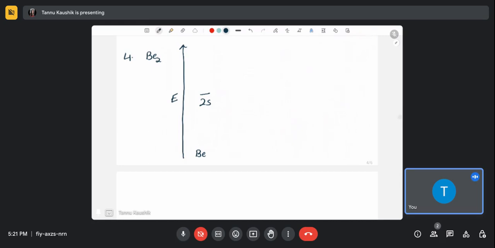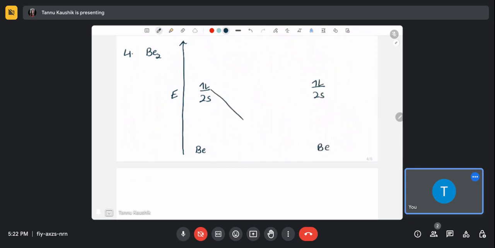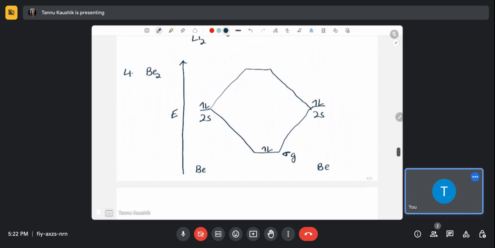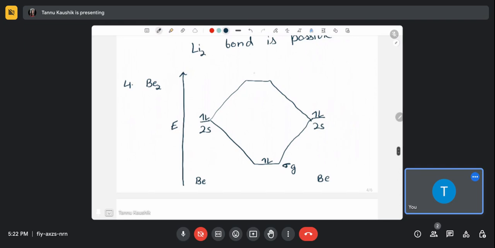So, we are taking only the valence shell electronic configuration, that is 2s2, which will form bonding molecular orbital, sigma g bonding molecular orbital, and sigma u star as anti-bonding molecular orbital.